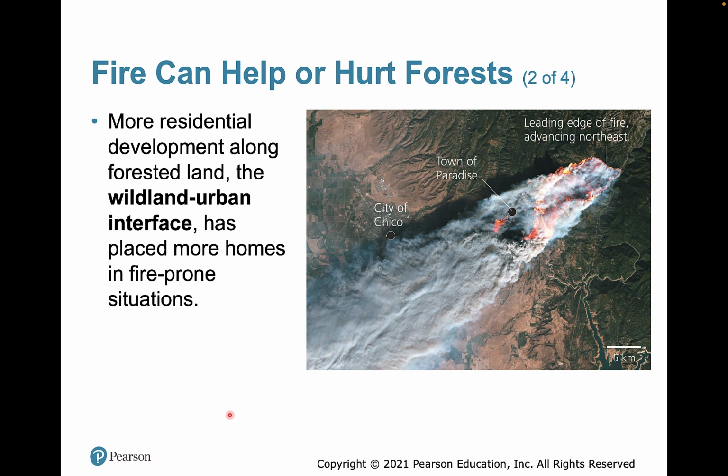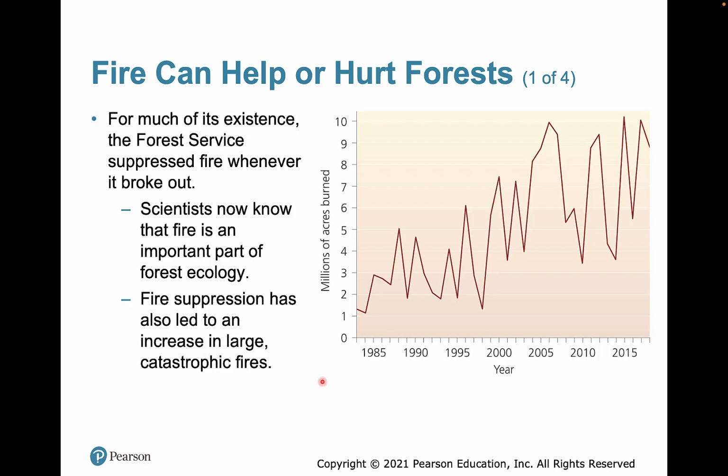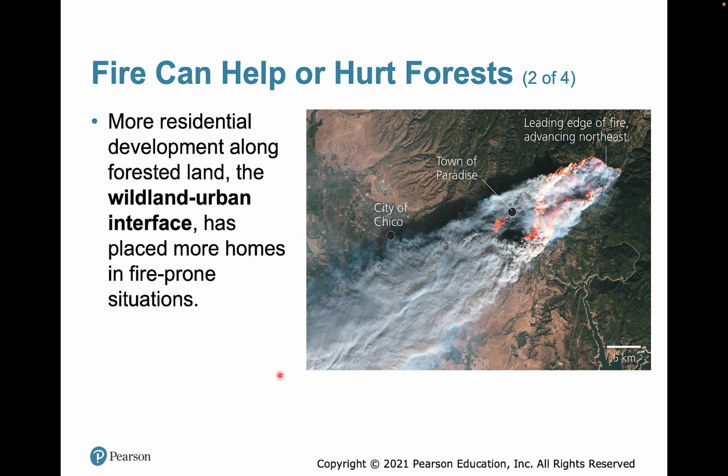So how does it lead to? We're going to talk about how it leads to an increase in larger fires. Most of the danger when it comes to wildfires is due to the fact that we are encroaching on the edge of the forested land. They call that the wildland-urban interface.